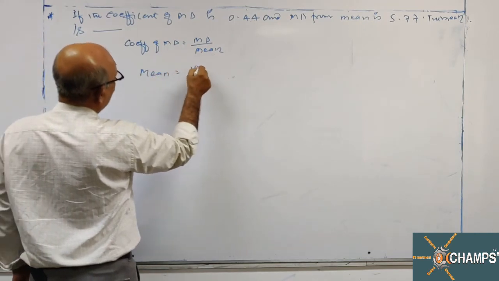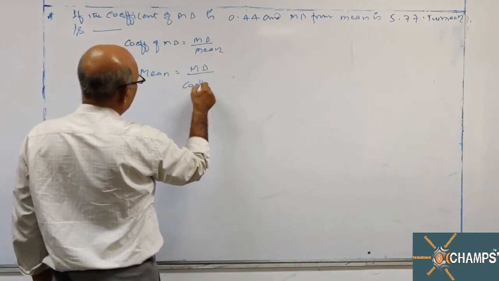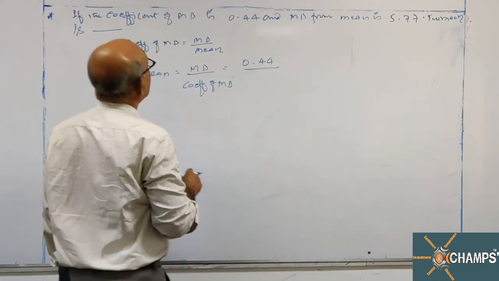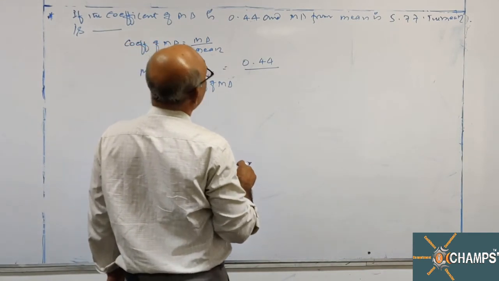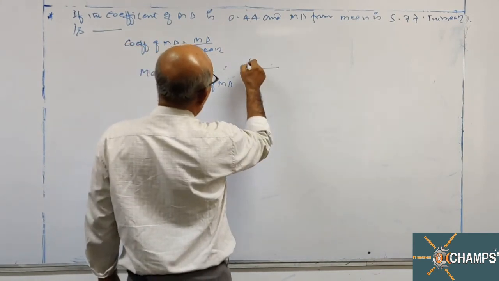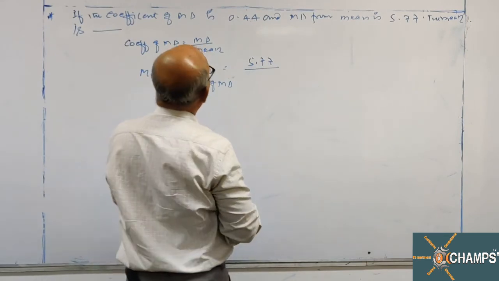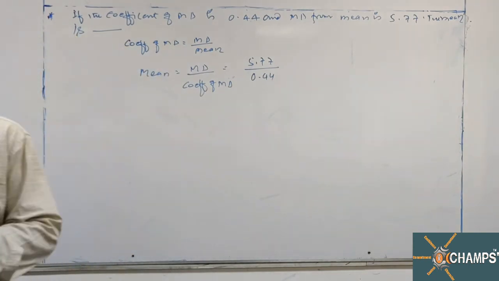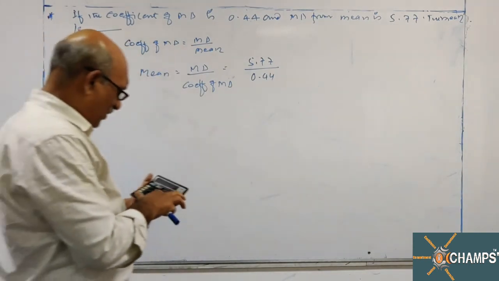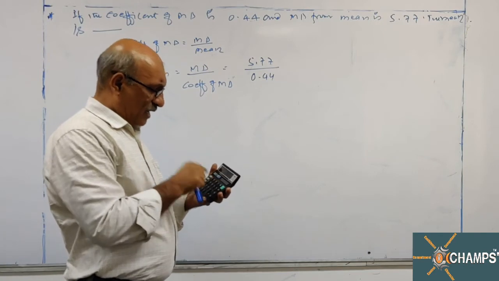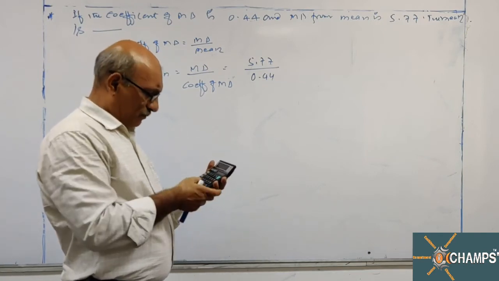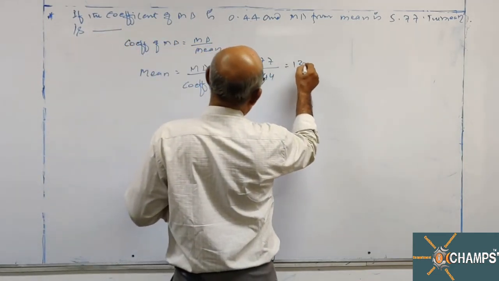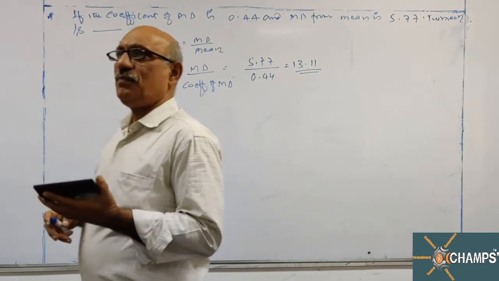So mean is equal to MD divided by coefficient of MD. This is 5.77 divided by 0.44, which is 13.11. Arithmetic mean is 13.11.